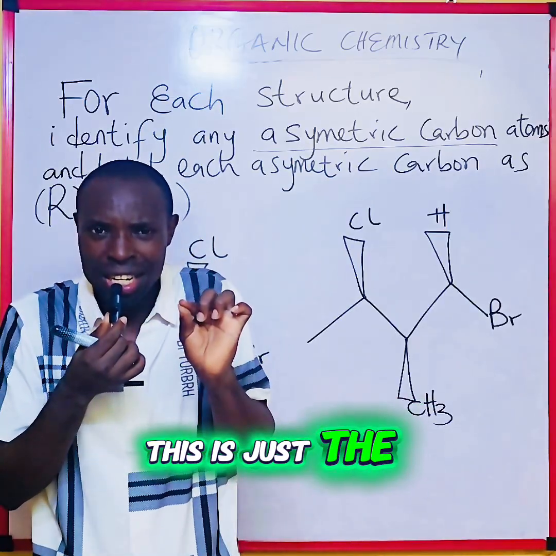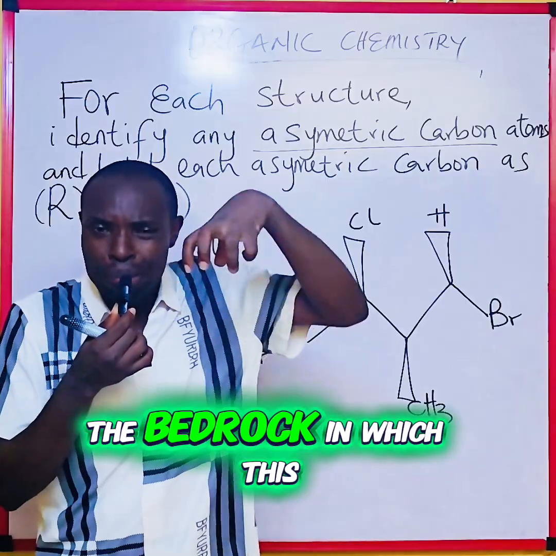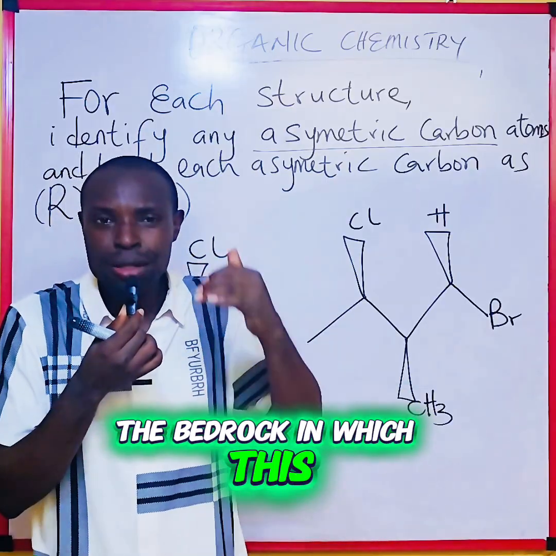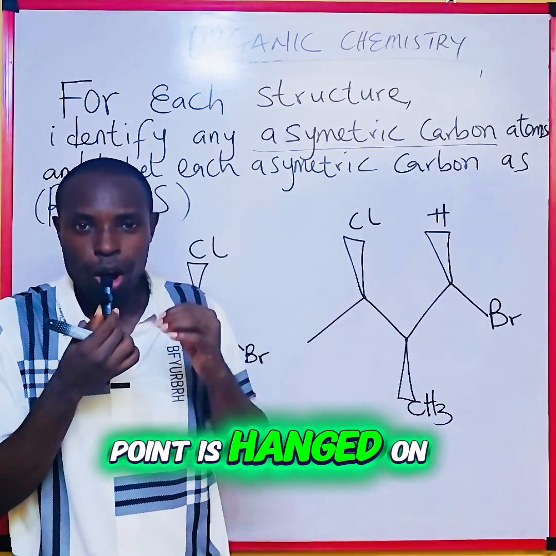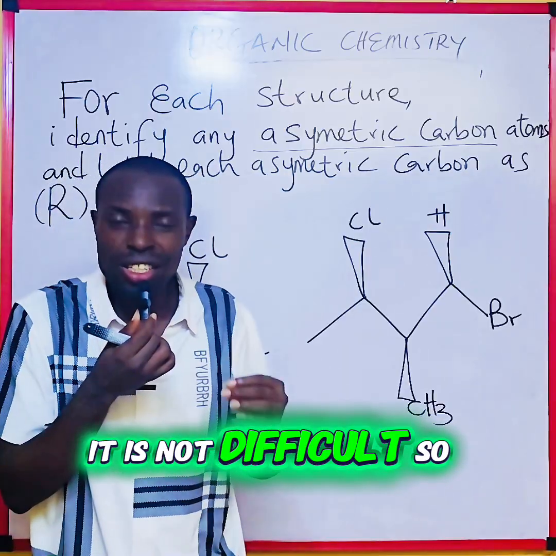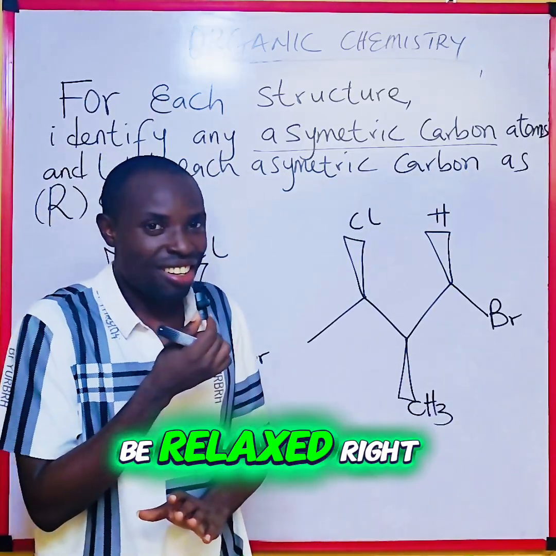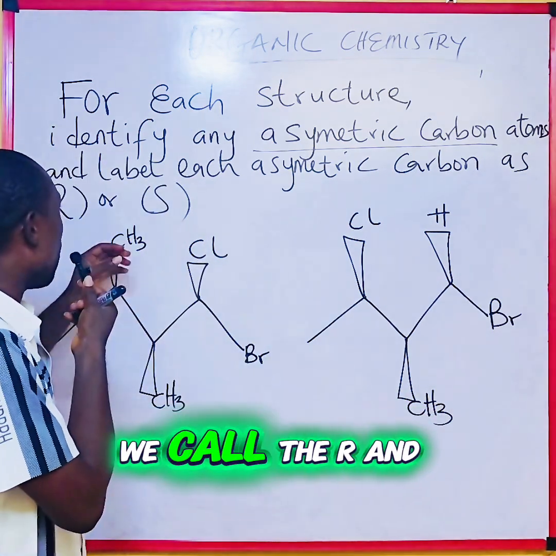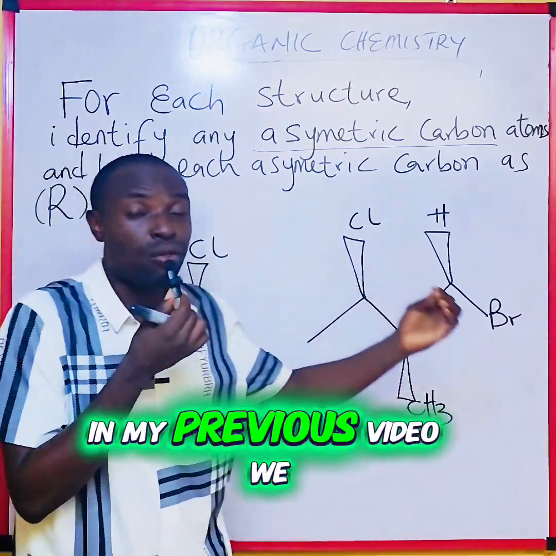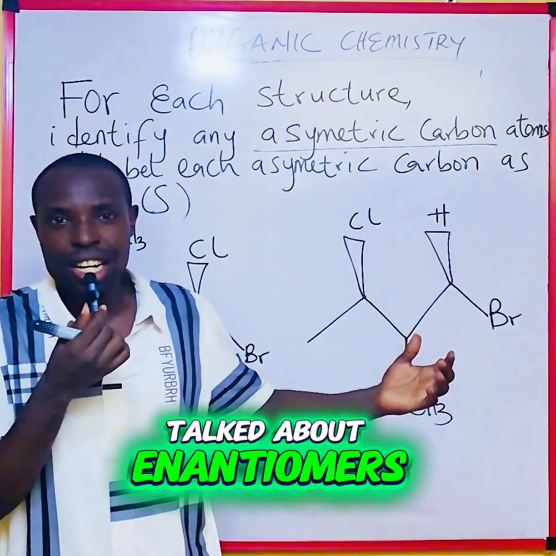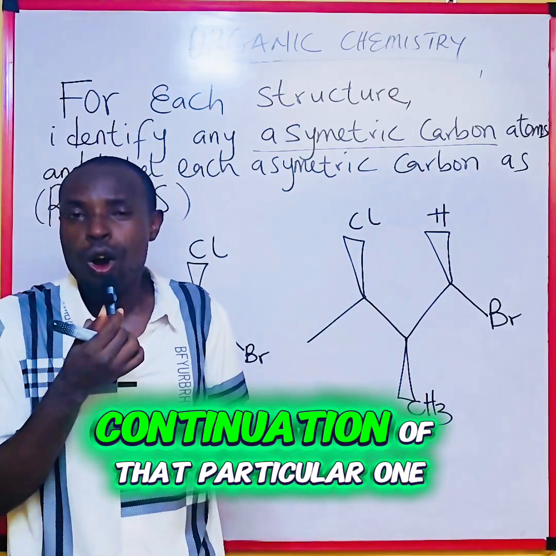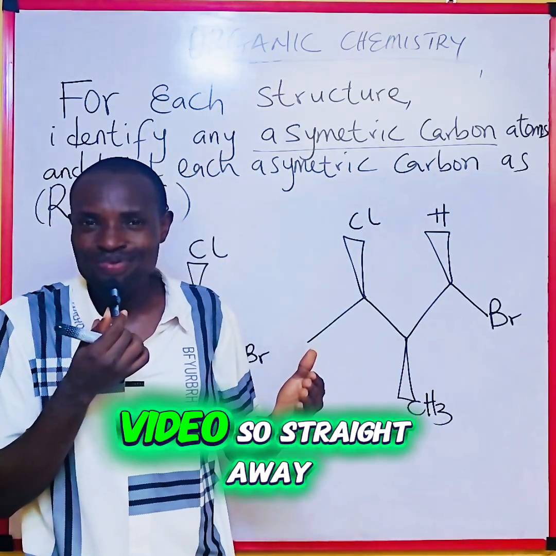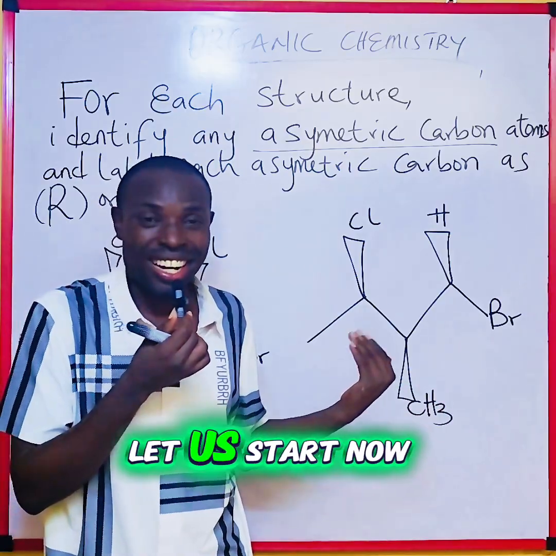This is just the bedrock on which this topic hangs. It is not difficult, so be relaxed. In my previous video, we talked about enantiomers, so this is also a continuation of that video. So straight away, let us start.